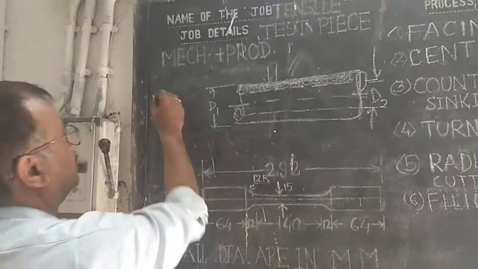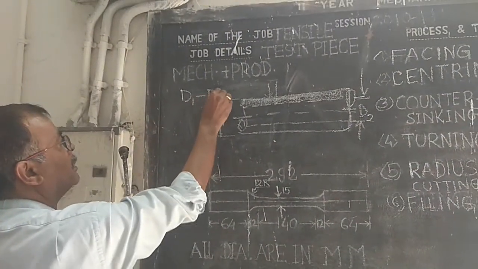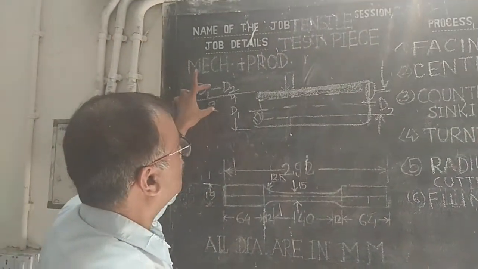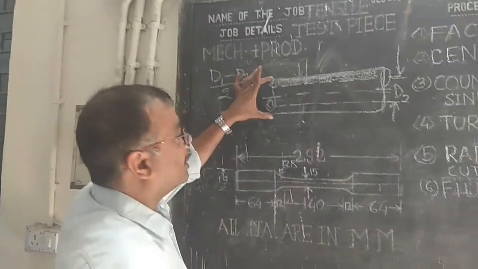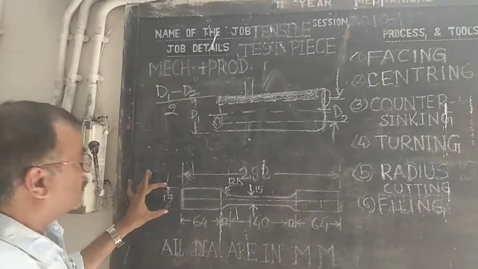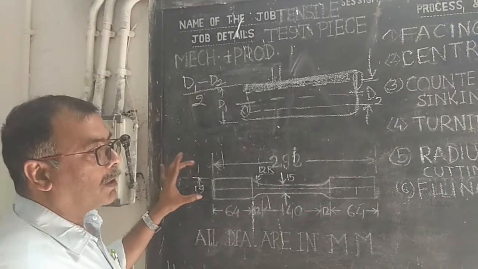So the depth of cut is equal to (D1 minus D2) by 2. In our case, we have to reduce from 25 mm to 19 mm. So 25 minus 19 is 6, 6 by 2 is 3.